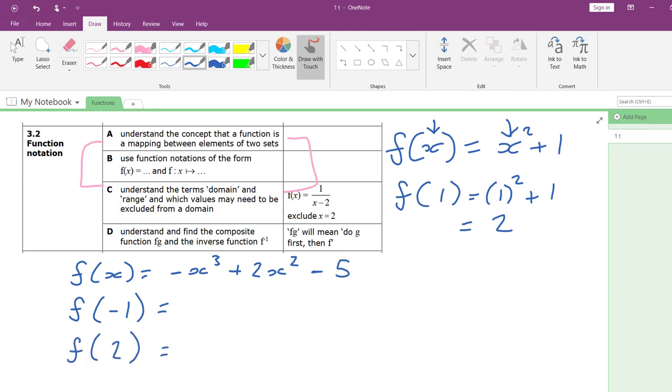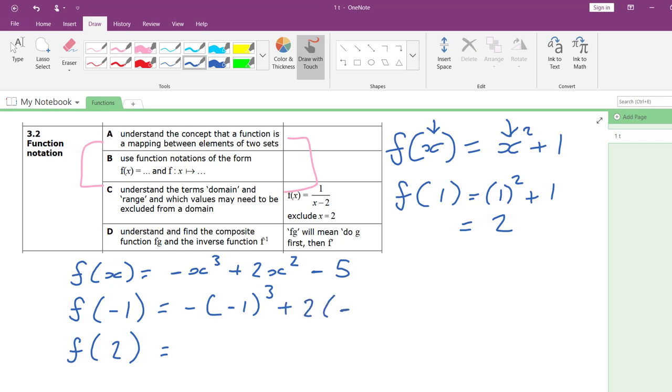Let's see if you can do that. Now, again, we're still substituting for x and this doesn't change, so make sure to put minus 1 in brackets because powers can do interesting things to minus 1, and we don't want to get the minus mixed up with the minus 1 coefficient of x to the power of 3.